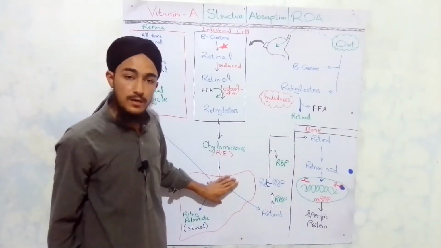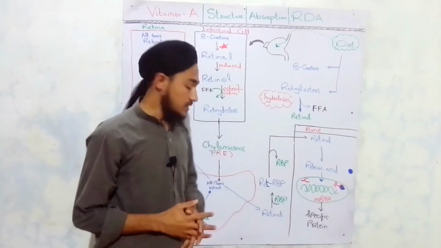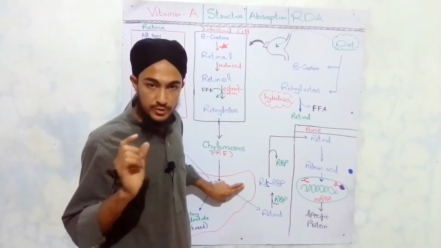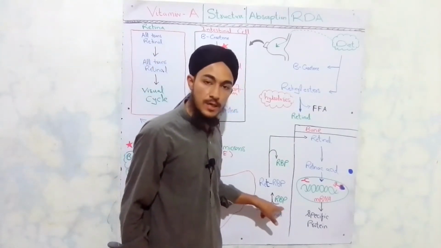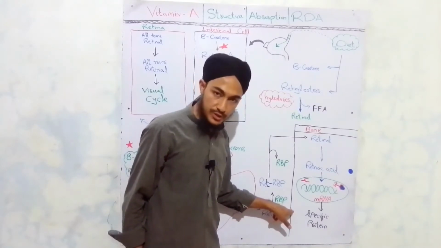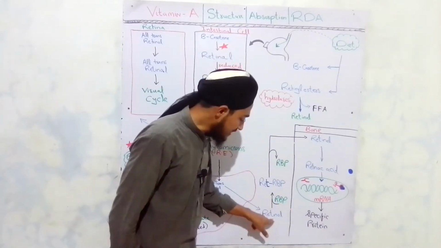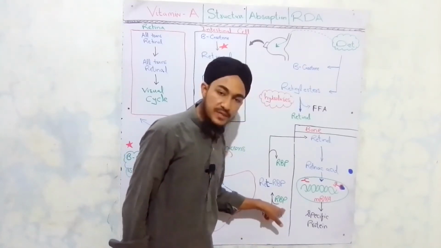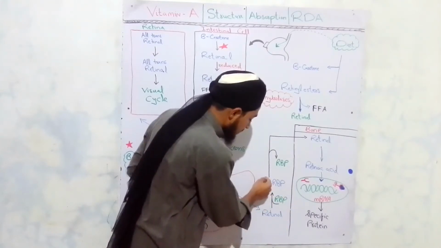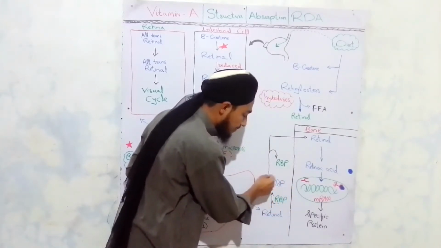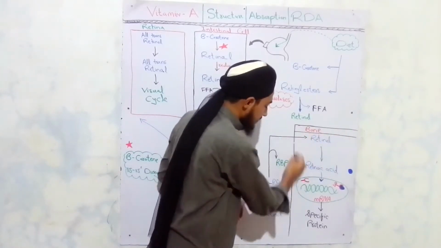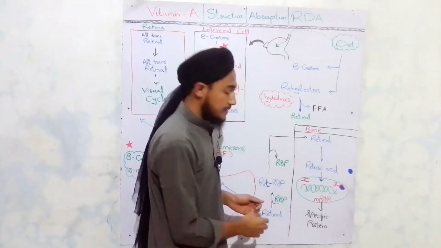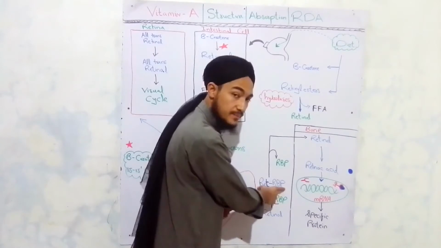So vitamin A cannot be transported freely in the blood plasma. It is rather transported by a specific plasma protein that is known as RBP, retinol binding protein. So when this retinol gets attached with this plasma protein RBP, then the retinol RBP complex is formed, and this is the retinol RBP complex. Then on the surface of the target tissue, let's suppose this is our bone, on the surface of our bone cells, there is a specific receptor for this RBP complex.